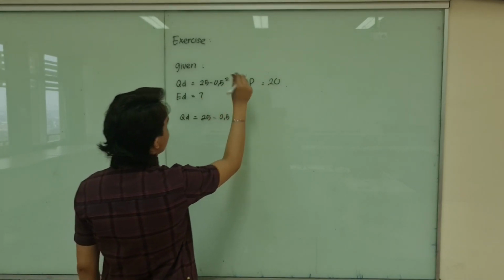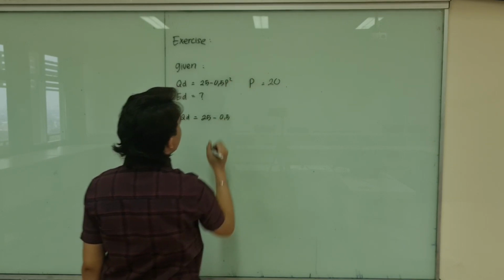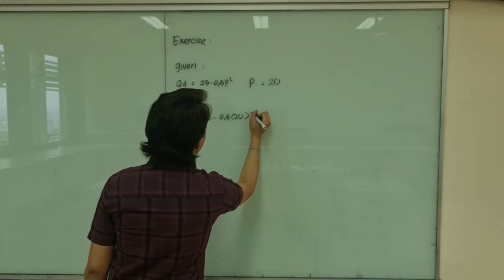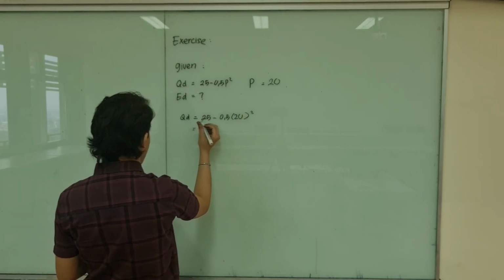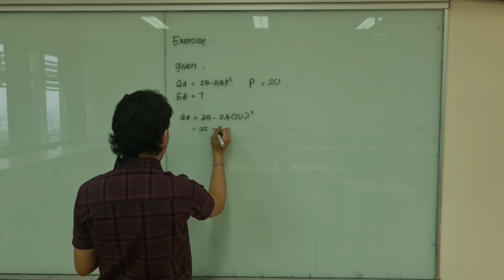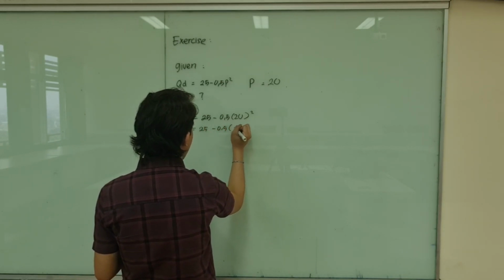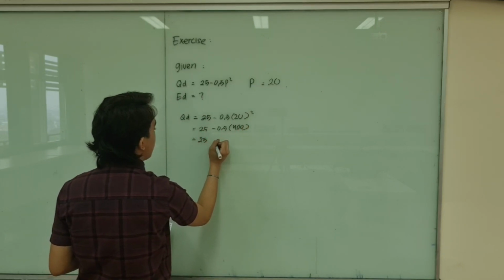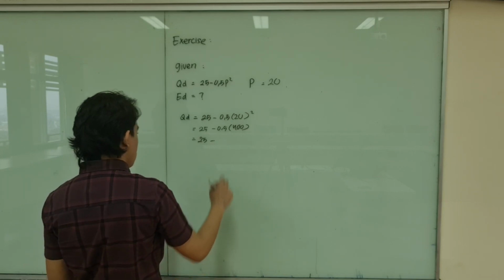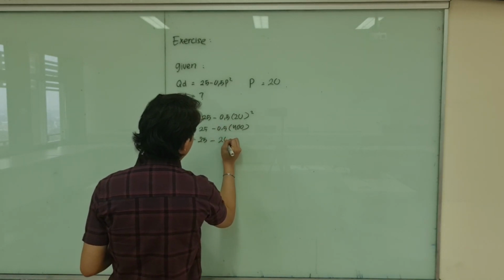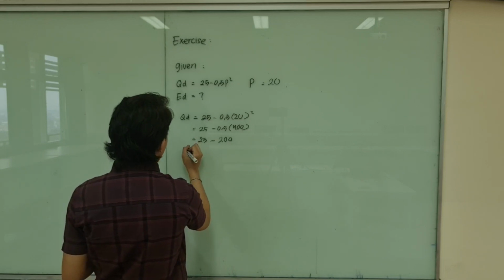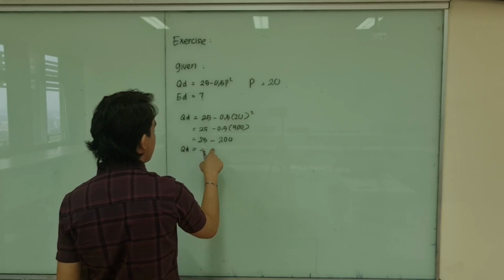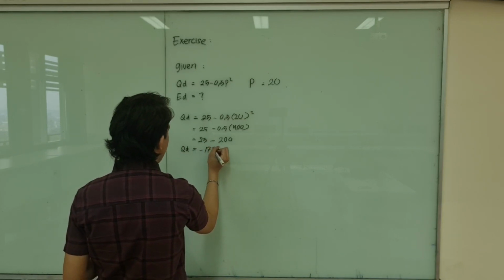The price is 20. So 25 minus 0.5 times 400. 25 minus 200, and then the result is minus 175.